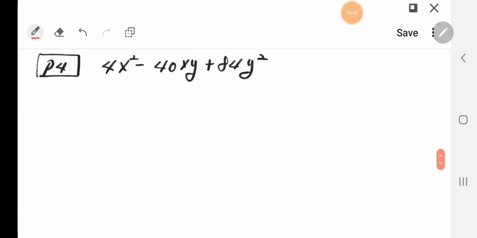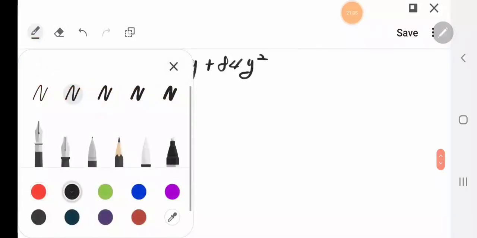It looks like there is a GCF. Usually if the numbers are large, they must have a greatest common factor, and it will be a number. So 4 can divide all the numbers, so 4 is the common factor, and x is not, y is not. So let's factor out 4 from this trinomial.